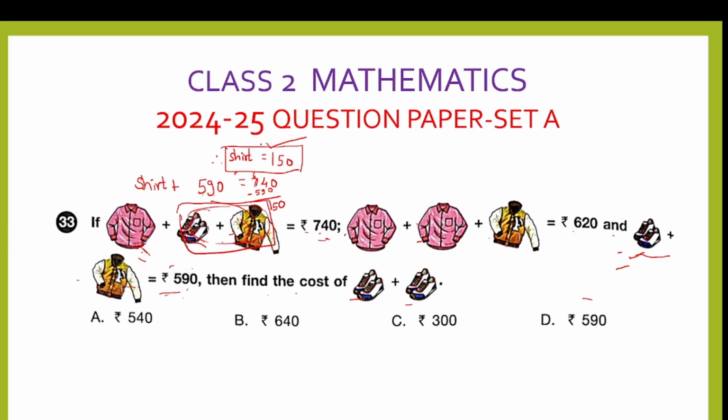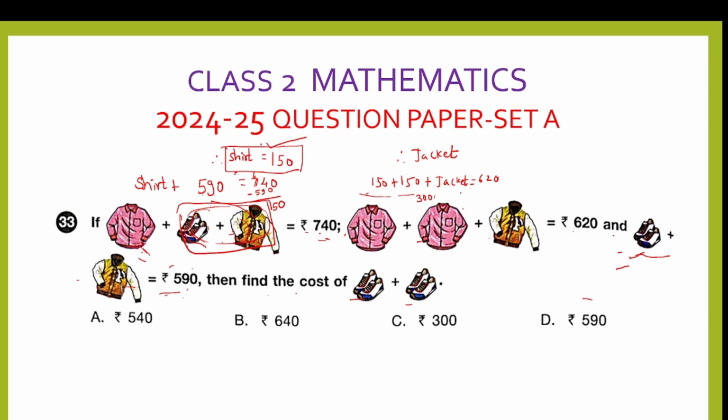Now use this in the second statement. So this is 150 plus 150 and plus jacket is what? 620. Now therefore we can find out jacket. Yes, how do we find out? So this is 150 plus 150 is 300. So their sum is 300.